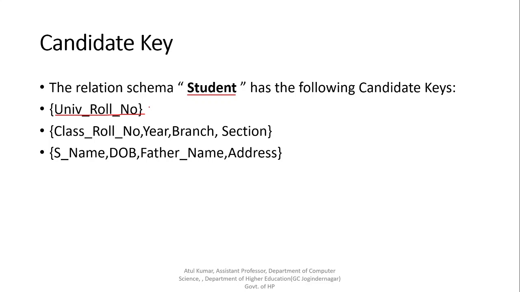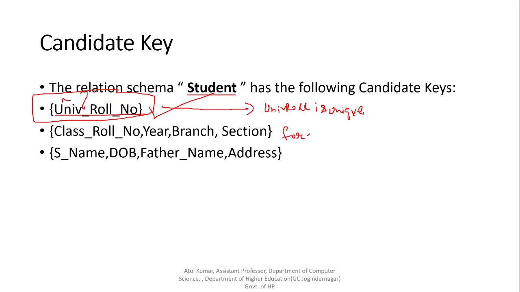University roll number can be used as a candidate key, as the university roll number for each student is unique for each student, so it acts as a candidate key.